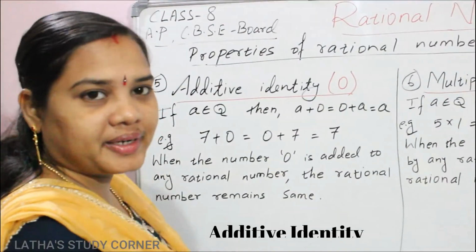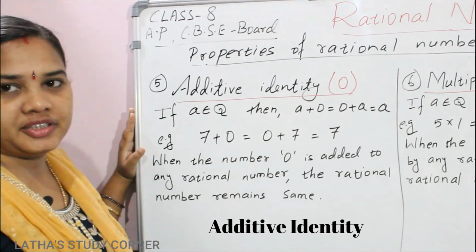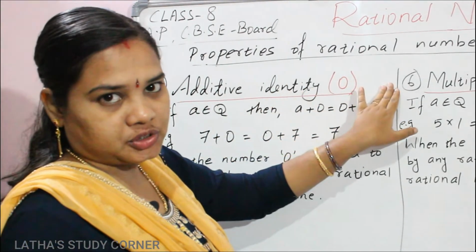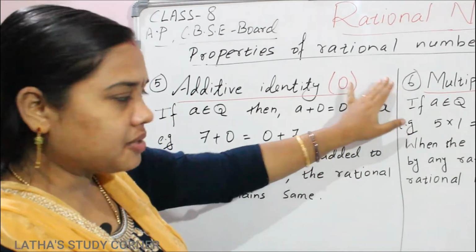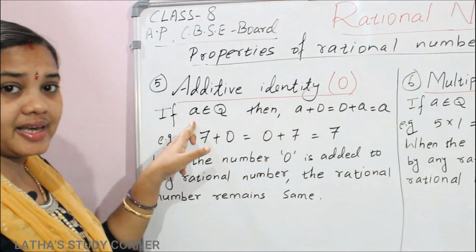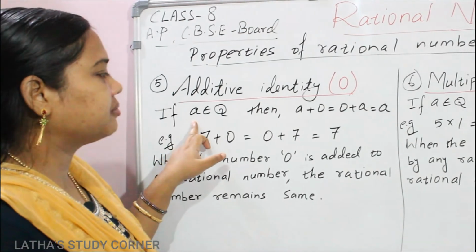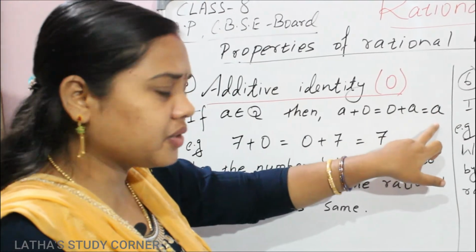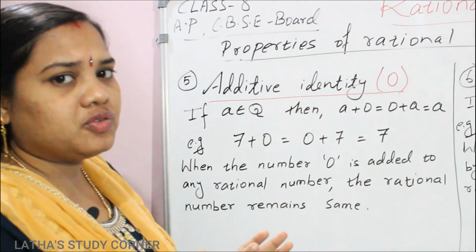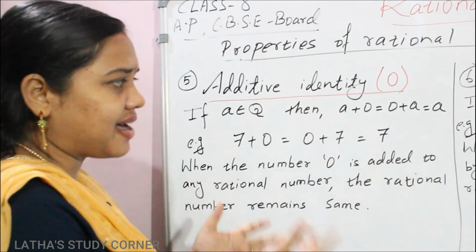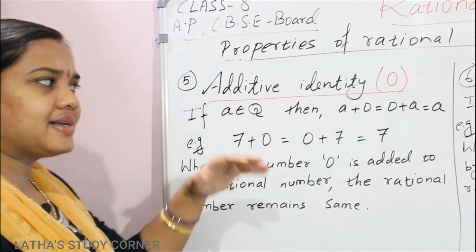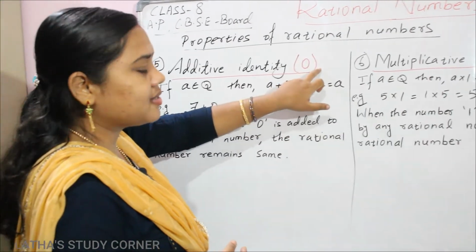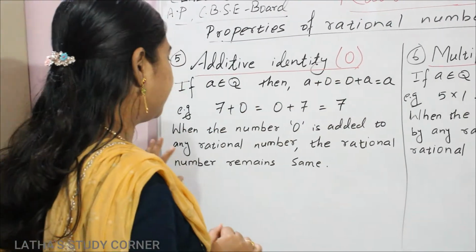So the next property is additive identity. So what is additive identity? Additive identity is 0. Whenever a rational number, suppose A is any one rational number, A plus 0 is equal to 0 plus A is equal to A. Whenever you add 0 to any rational number, you will get the same value A. Then 0 is the additive identity.